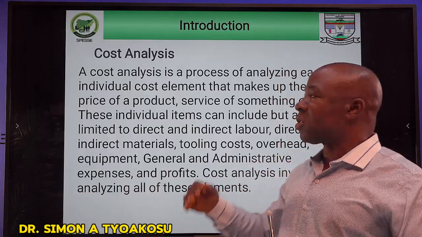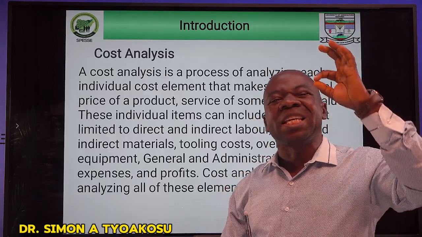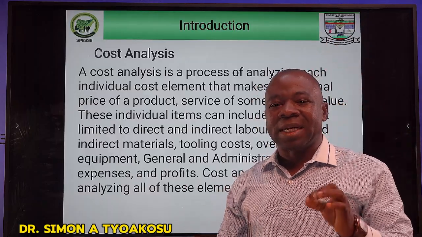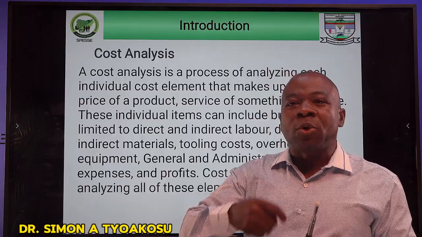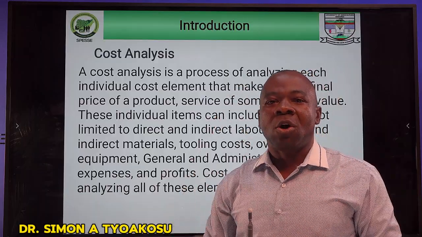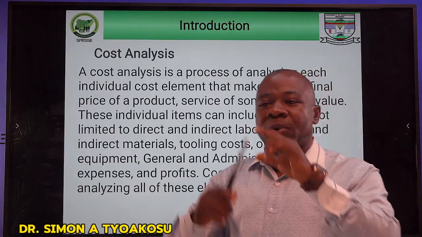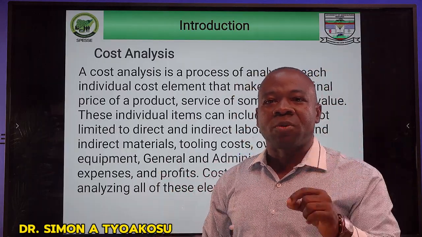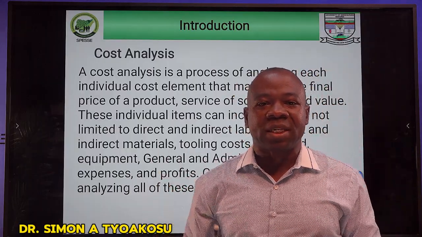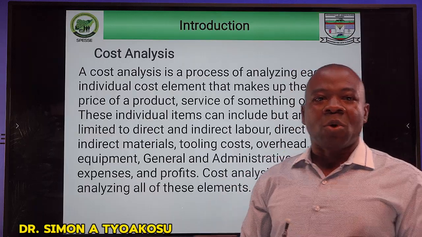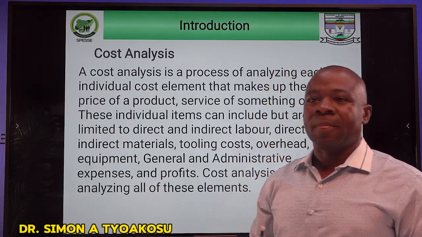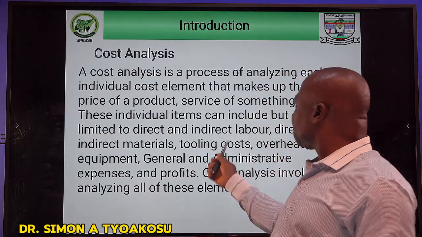So when you're looking at cost analysis, you want to pick the individual elements that at the end of the day will make you determine the costs of the product, so that you can decide the overall price that you can quote for that product or service in the market, that you'll be able to get value for what you have actually put in, even as a procurement officer.